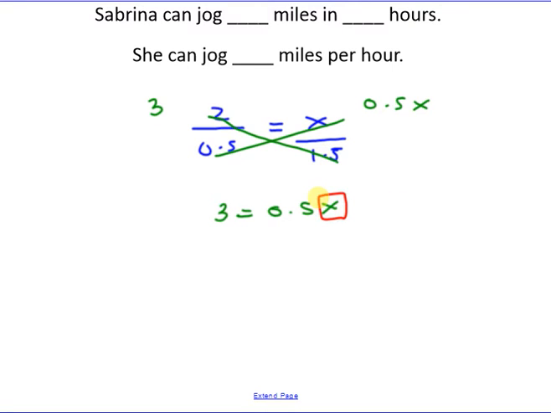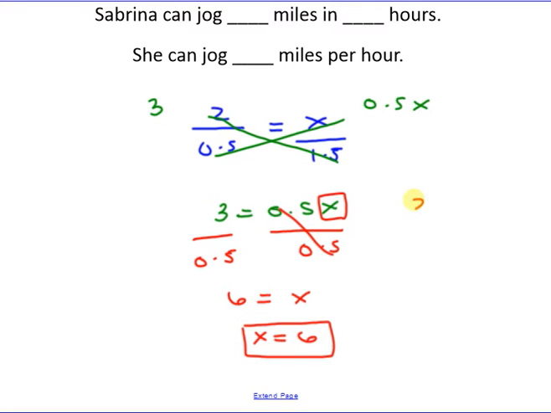Box the variable. Divide by 0.5. Divide by 0.5. 3 divided by 0.5 is 6 equals, those cancel, x equals 6.